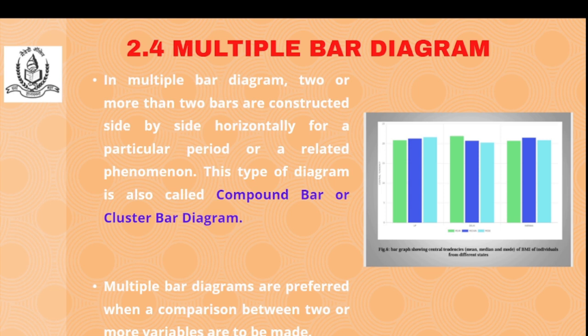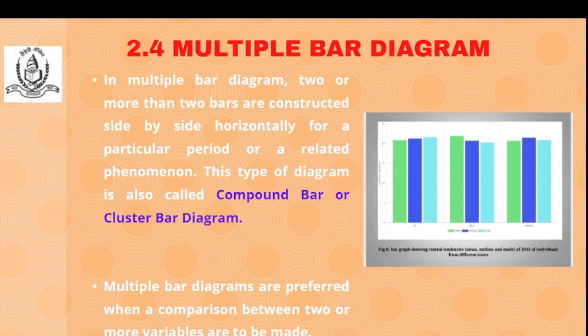You can all have a look at this reference multiple bar diagram that is being shown here. If we go by the definition, in a multiple bar diagram two or more bars are constructed side by side for one particular variable or one particular period.